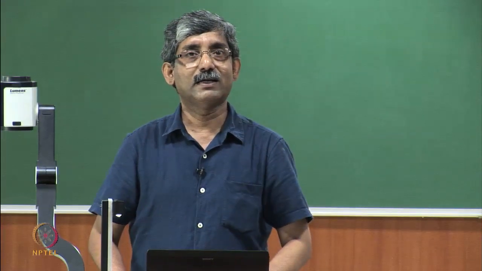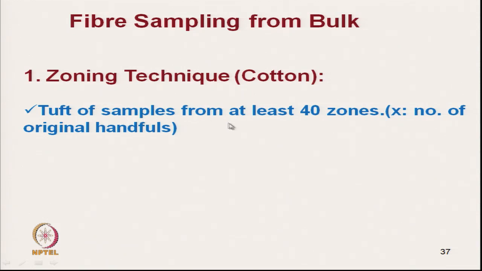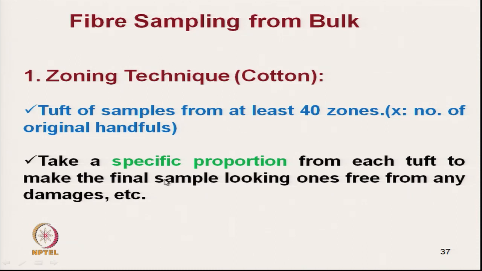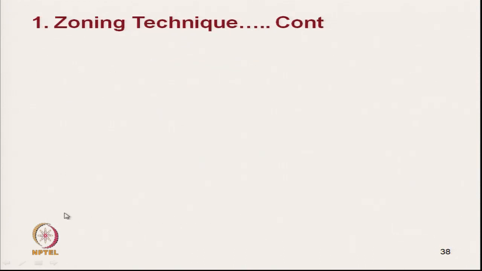Say tufts of sample from at least 40 zones have to be there. So, 40 zones one has to create. Take a specific proportion from each tuft to make the final sample, free from any damage.